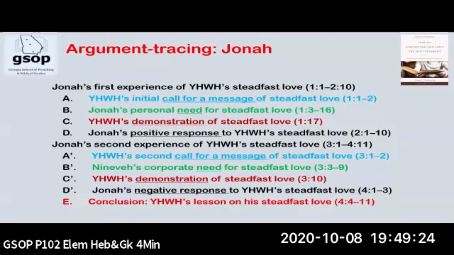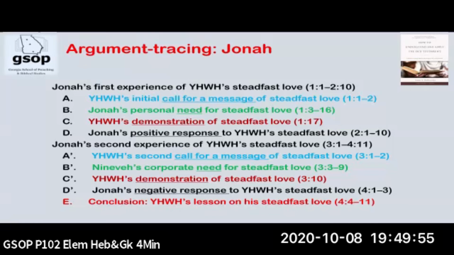He called Jonah to deliver a message of God's steadfast love to Nineveh. And then if you look at the second experience, let's turn to chapter 3, verses 1 and 2. And this is, of course, where he has already been spit out by the great fish. Let me get it correct. It's not an apple on the tree. It's not a whale in the sea. It's a great fish and the fruit of the tree.